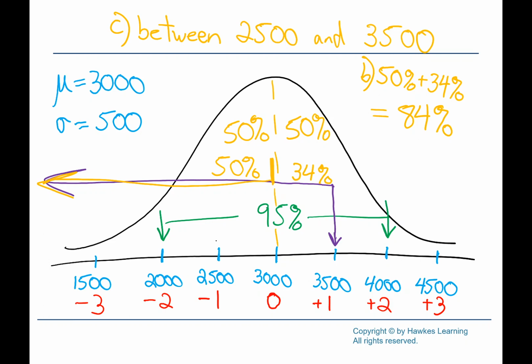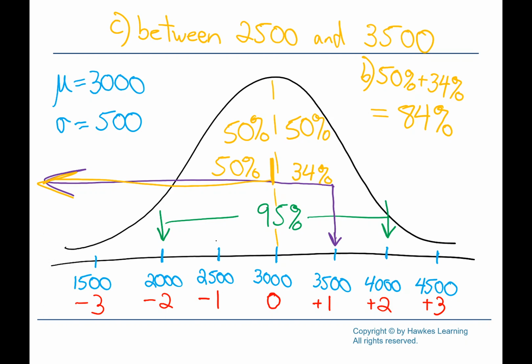And one other thing we'll mention here, I'll just help you on the homework, okay? Sometimes it'll ask, like, what percentage of newborn babies weigh more than 4,500 grams? Okay. So there, we know that between 4,500 and 1,500 grams, we've got 99.7% of our data. But that leaves a little piece over here on this side, and then a little piece over here on this side. This little piece on this side is what we want, okay?